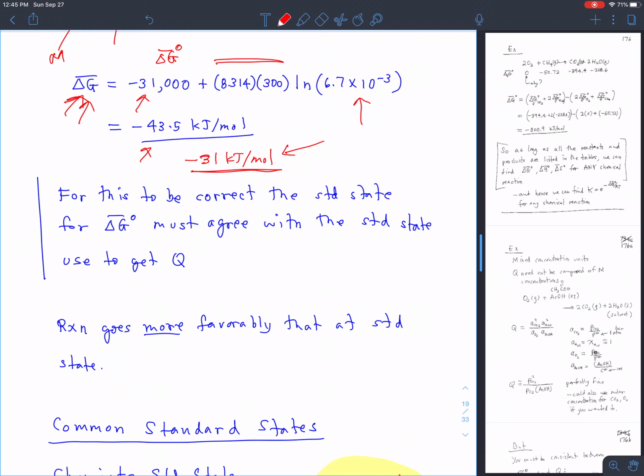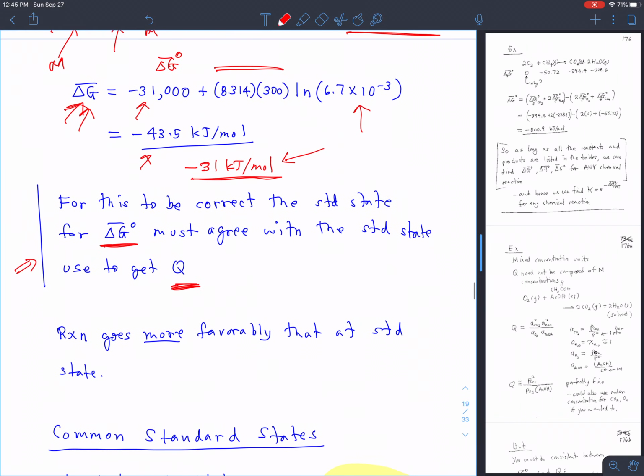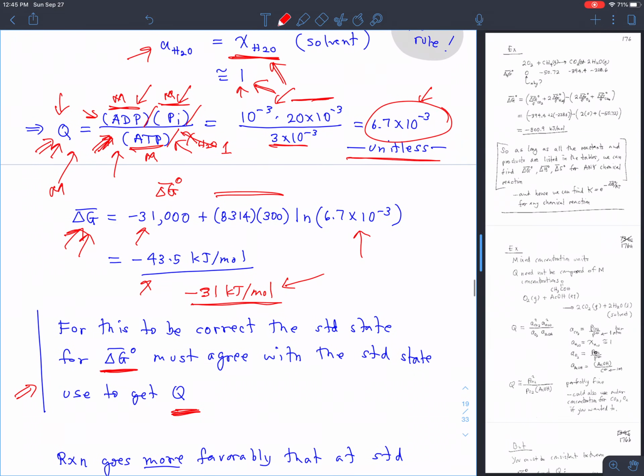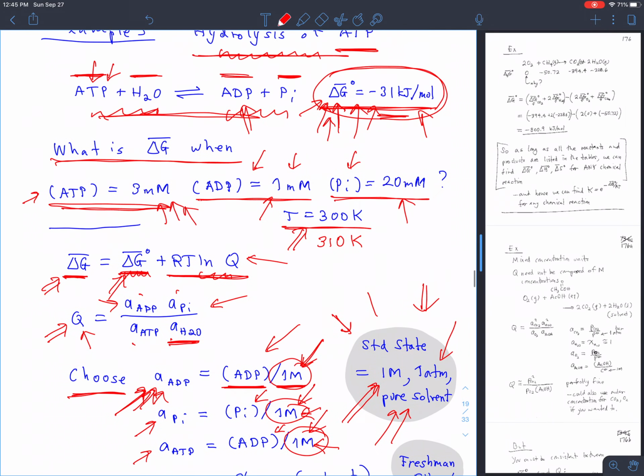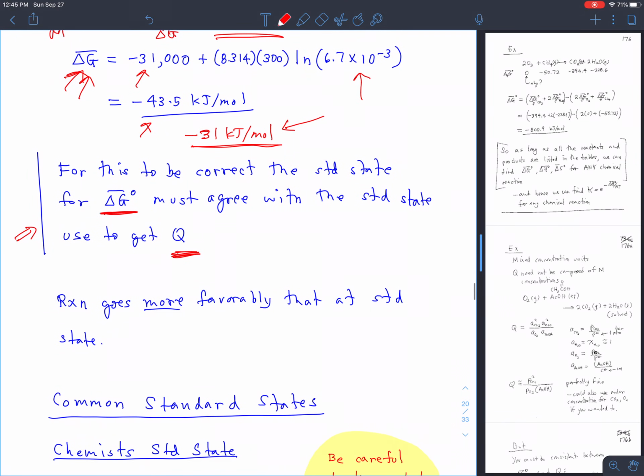All right. This is just making the point that I've been making all along, which is that the way you set up Q has to match the standard state conditions that are assumed when you choose a value for the delta G0. Under sort of freshman conditions, all these worries about standard state matching and so on don't usually show up because the problems have been carefully chosen so they don't show up, so that these complications don't confuse students.